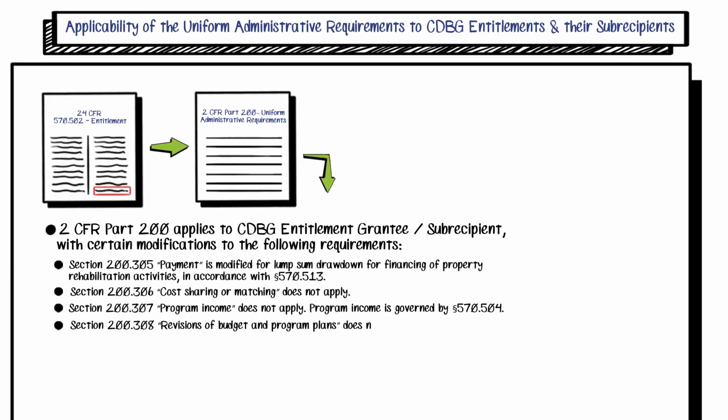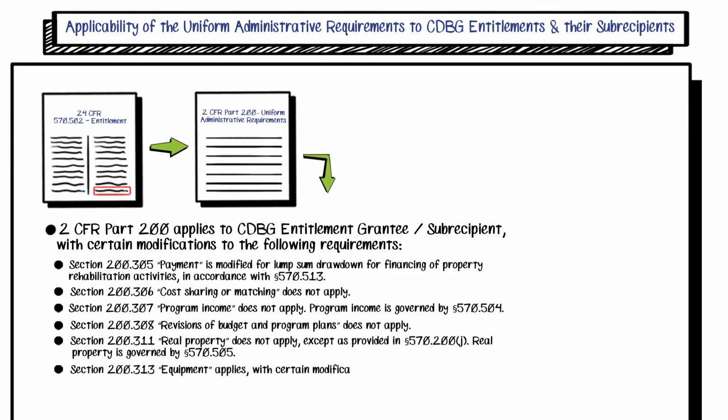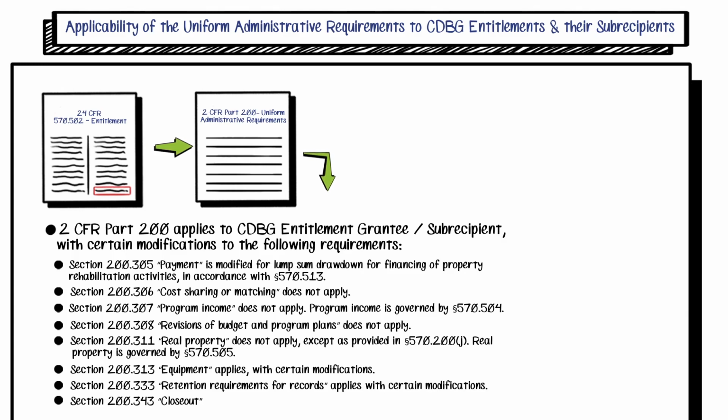Accordingly, entitlement grantees and their subrecipients must comply with all of the Uniform Administrative Requirements, except for 8 specific modifications shown on this screen pertaining to the sections of the Uniform Administrative Requirements concerning payment, cost sharing or matching, program income, revisions of budget and program plans, real property, equipment, record retention, and closeout. A downloadable summary sheet containing this information is available in the Applied Learning section at the end of this module.